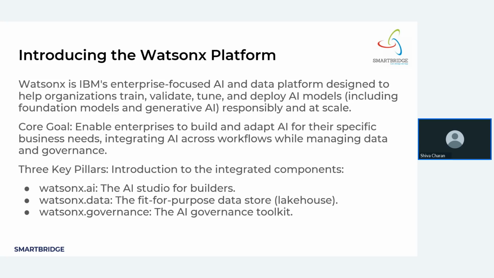And three key pillars. What are the three key pillars? Watson X AI, Watson X data, and Watson X governance. These are the three main key pillars. Coming to Watson X AI, it will be the AI studio for the builders. Watson X data will be the fit for purpose data store.